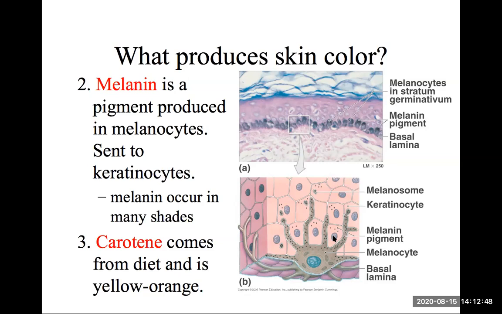Now, if you consider where humans evolved, where maybe your ancestors or my ancestors came from, a lot of us are a mix from all over the world. But if you have ancestors who evolved in an area where there was very high UV radiation, such as near the equator, then you are likely to make more and darker melanin.